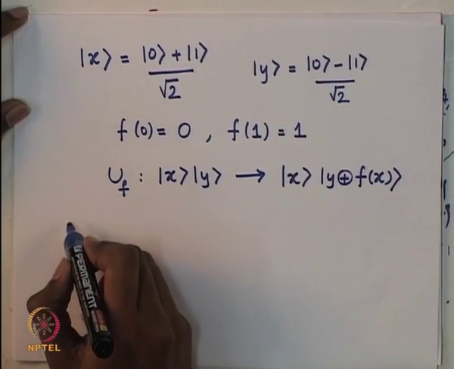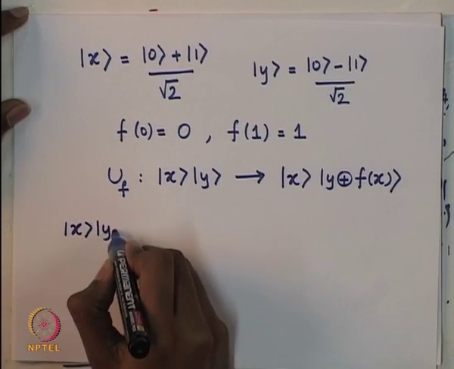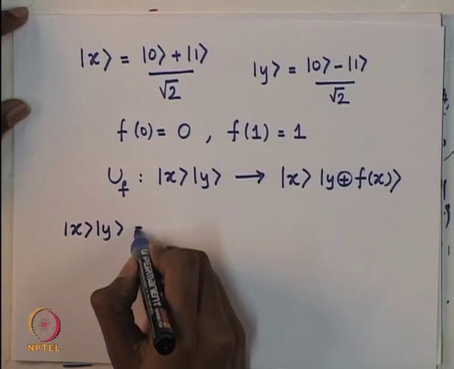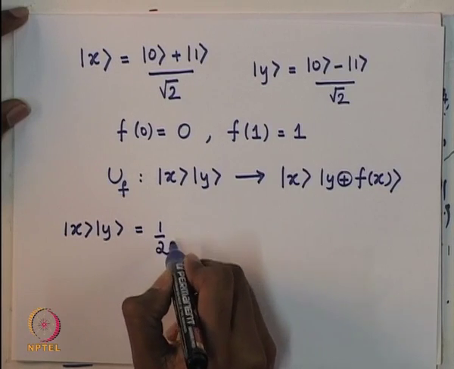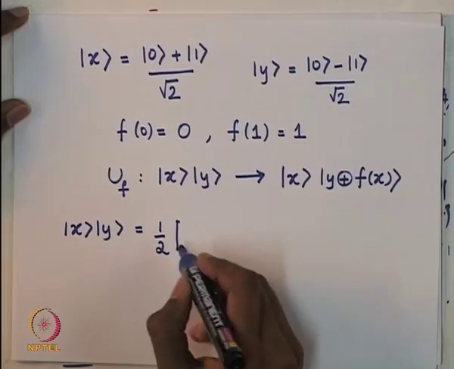So the given input is, which is the product of these two qubits, which is.